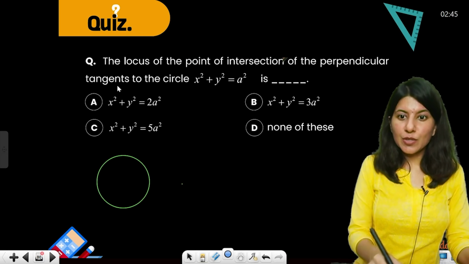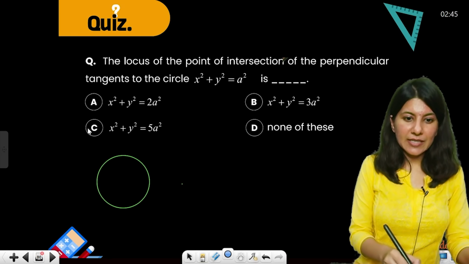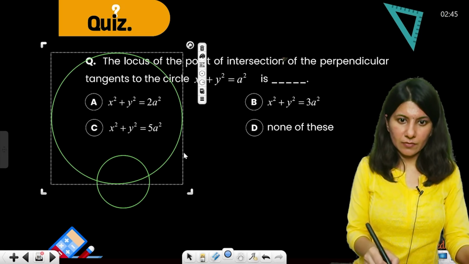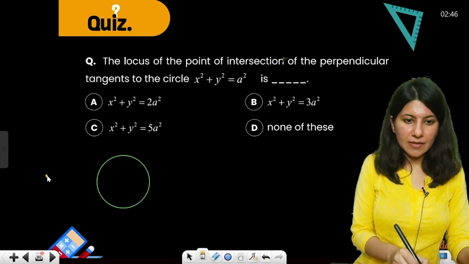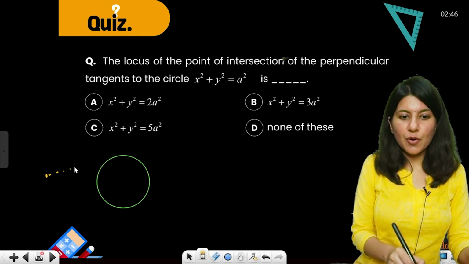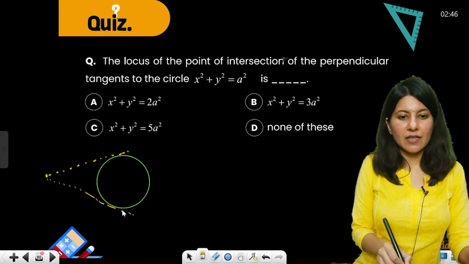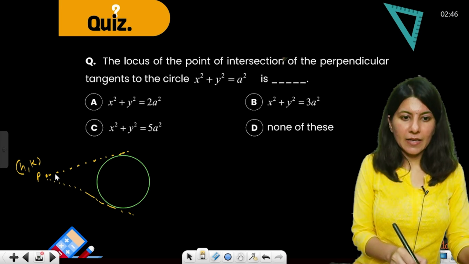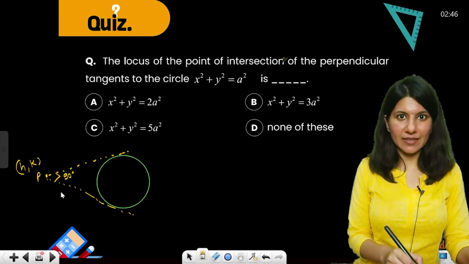This time your point will look like this. Now if you draw two tangents from this point h, k, P, the angle between them is 90 degree.